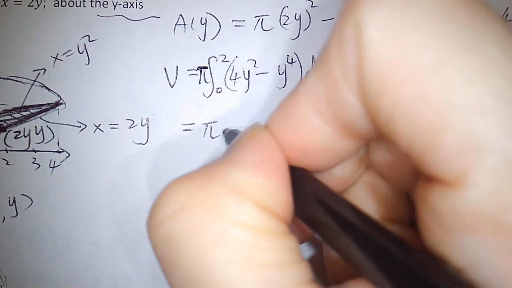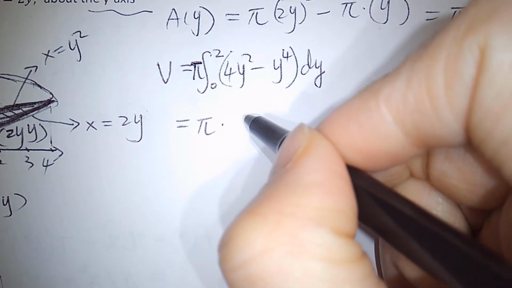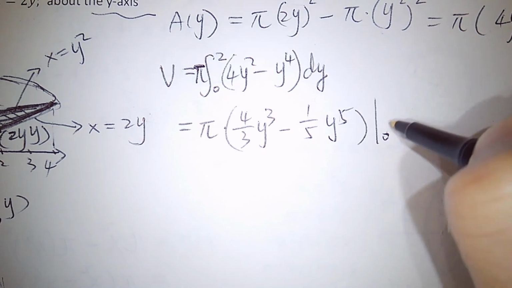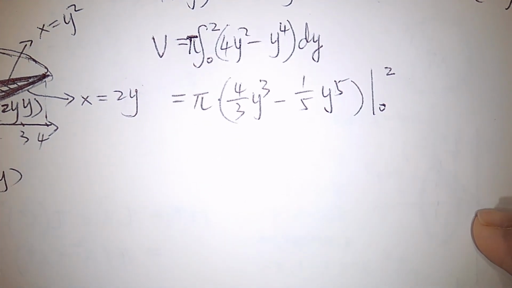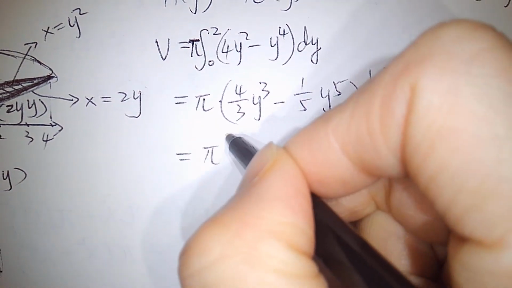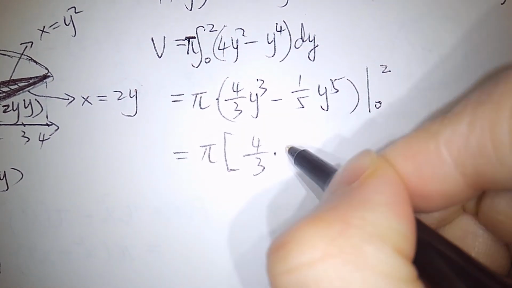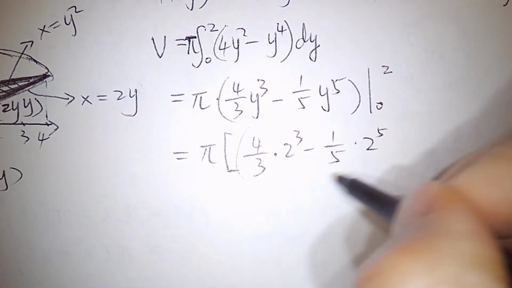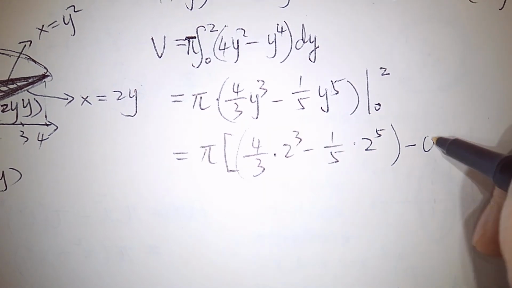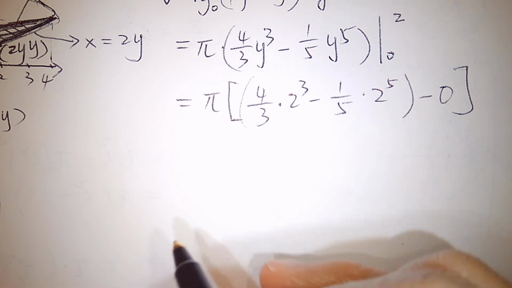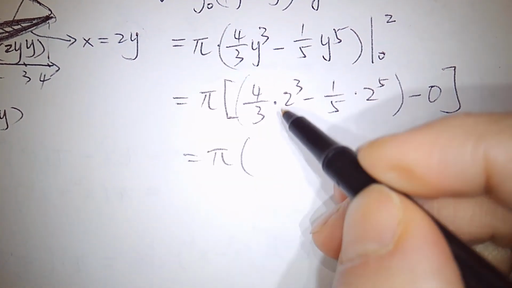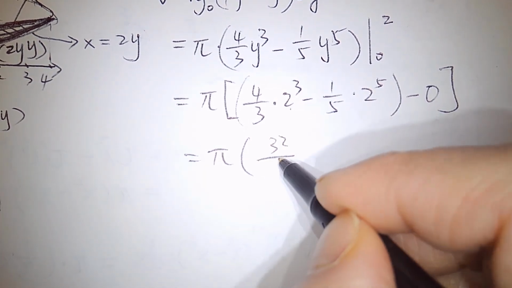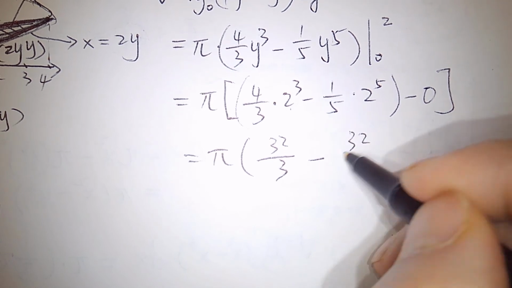So this equals pi times the antiderivative: 4 thirds y cubed minus 1/5 y to the 5th, evaluated from 0 to 2. That gives pi times 4 thirds times 2 cubed minus 1/5 times 2 to the 5th, minus the value at y equals 0, which is always 0. What is 2 cubed? 8, right? 4 times 8 is 32, divided by 3. 2 to the 5th is 32, divided by 5.